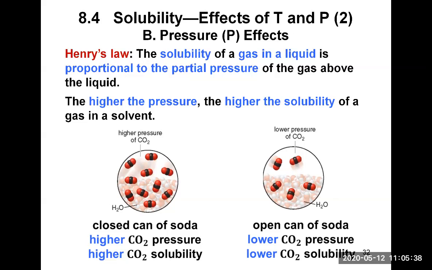So a lower CO2 pressure will create a lower CO2 solubility in the liquid. And so you will see those tiny bubbles forming inside the liquid and moving up and escaping in the air. That's the CO2 that is less soluble, escaping the liquid and going back into the gas phase.